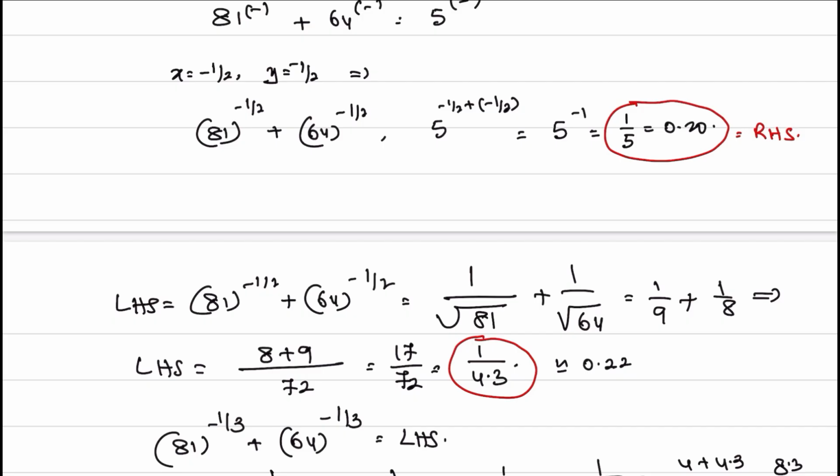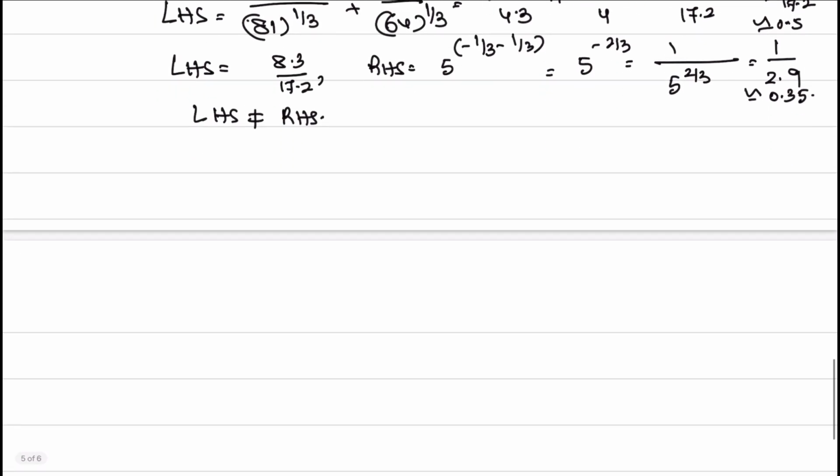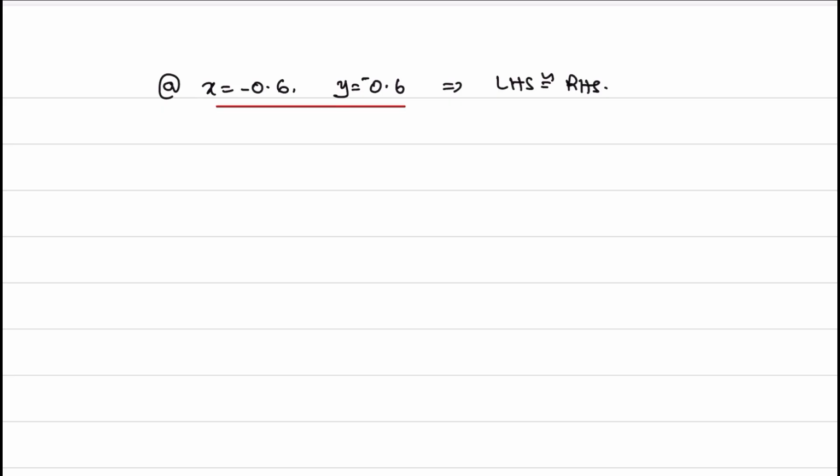Can we say roughly in that case that at x is equal to minus 0.6 and y is equal to minus 0.6, left hand side is equal to right hand side? Approximately. The error may be a little bit less. That means the approximate solution is coming like this.